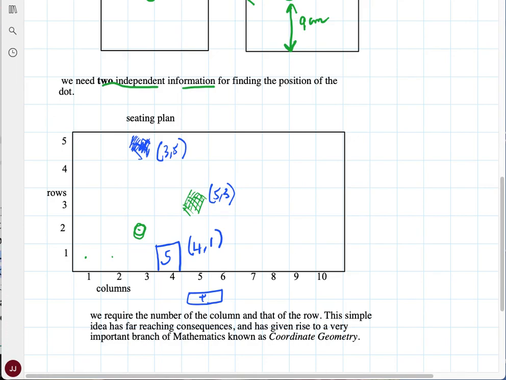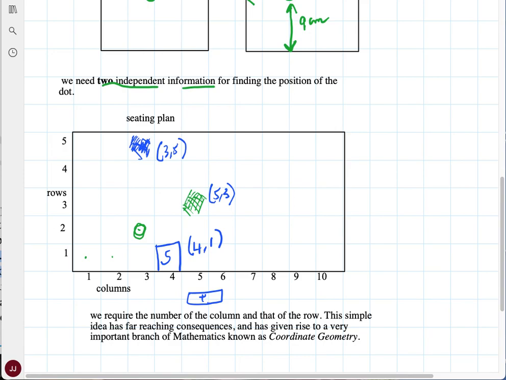So in this case, we can observe the position of any object can be represented with the help of two perpendicular lines. In the case of the dot, it requires the dot's position from the bottom as well as from the left edge of the paper. In the case of the seating plan, we require the column and the row.